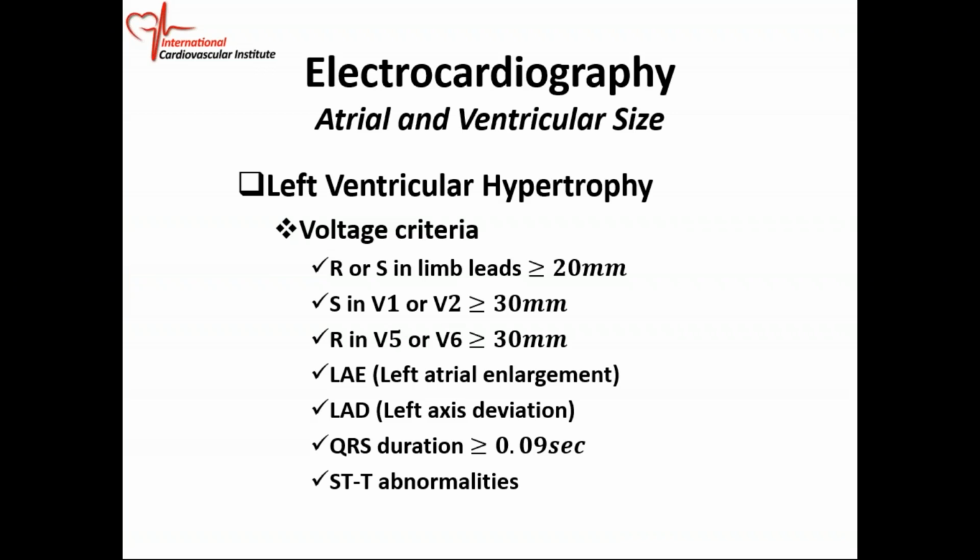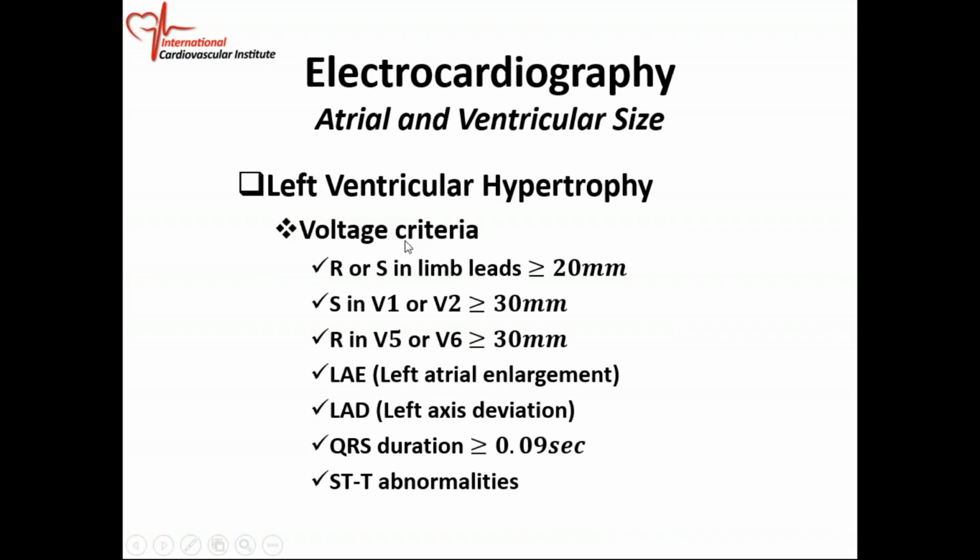If you see a strain pattern, I'm going to show you what that looks like. A strain pattern is when you look in your leads V5 and V6, you get a little bit of ST segment depression and T wave inversion. That is because, when you have left ventricular hypertrophy, the LV comes under strain.